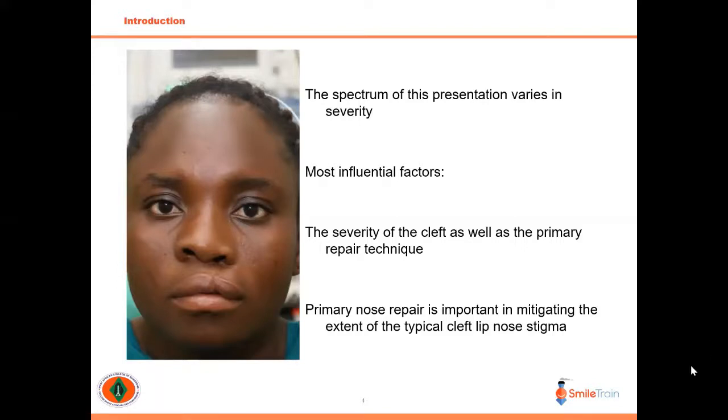Okay. Now, the spectrum of this presentation varies in severity. The picture on the screen is obviously one of the very mild forms, and some can really be very severe. It has, however, been shown that the most influential factors that lead to this deformity after repair are, one, the severity of the cleft, as well as the primary repair technique.